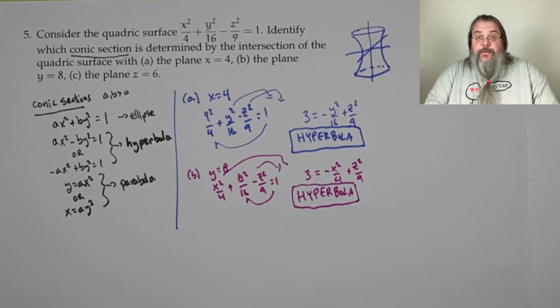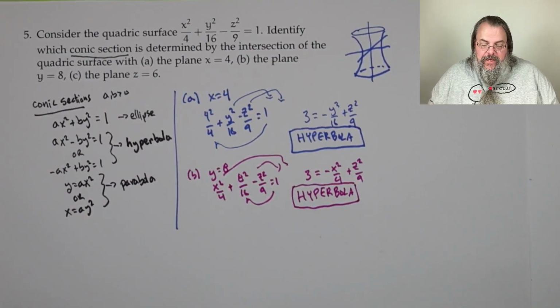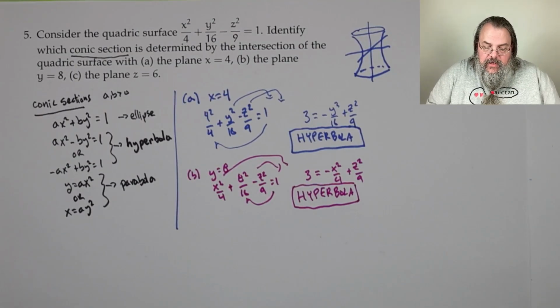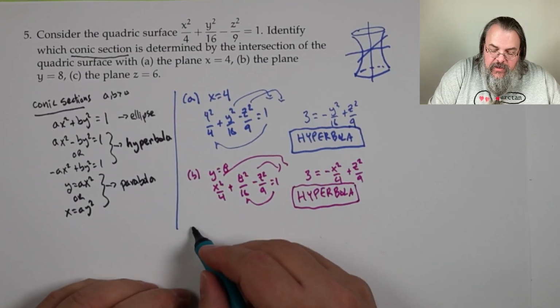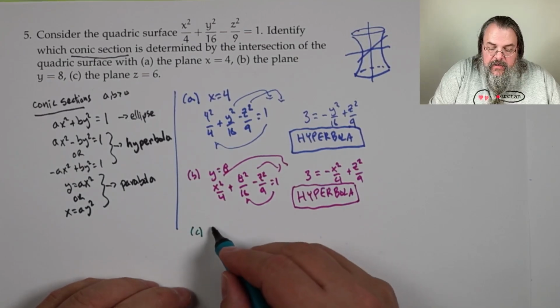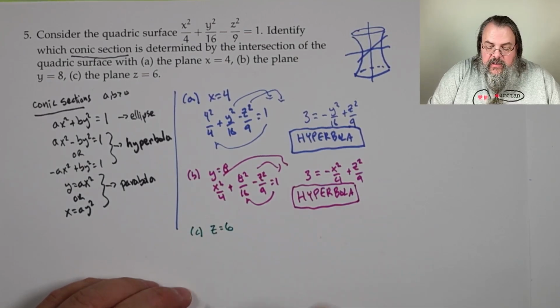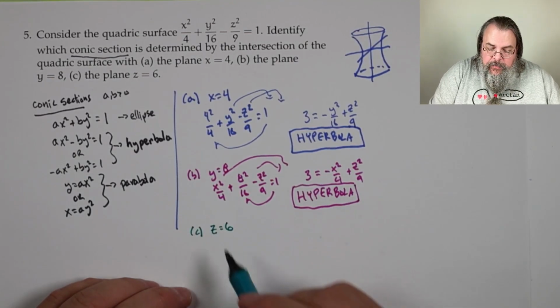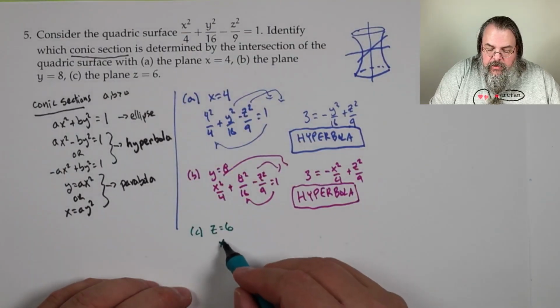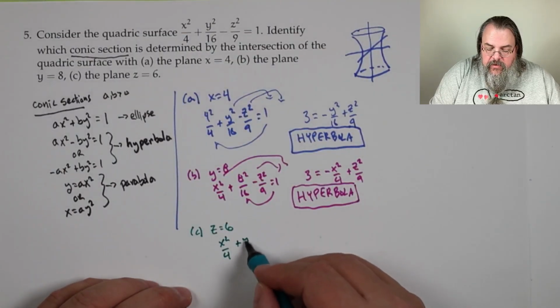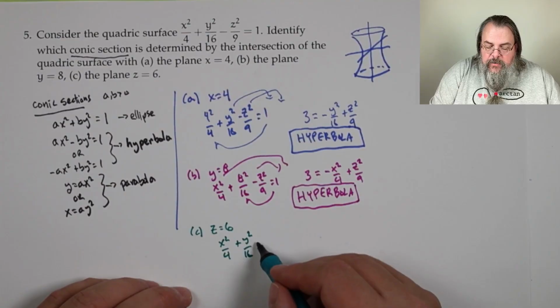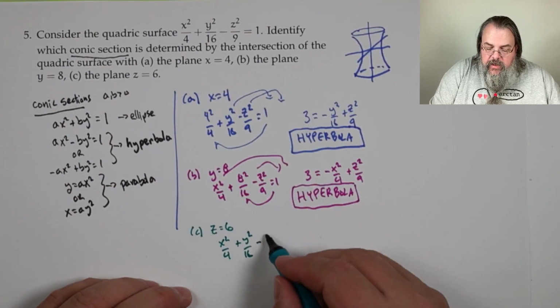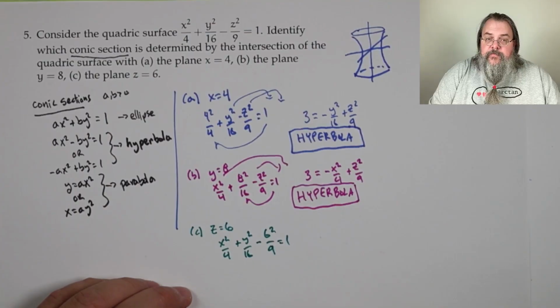And one more to go. Okay, so the last one, C. That's our plane z equals 6. So we plug it in. So we get x squared over 4 plus y squared over 16, and then minus 6 squared over 9 equals 1.